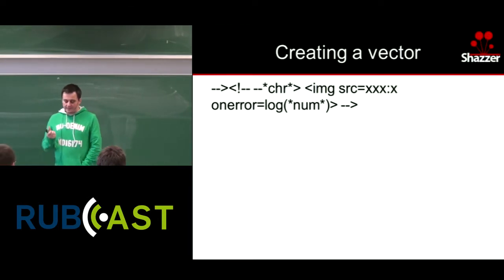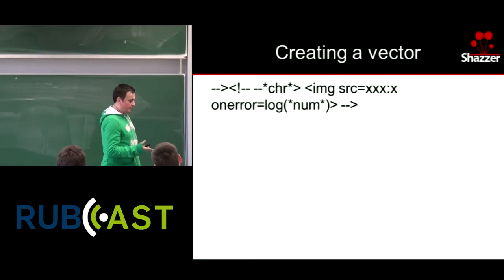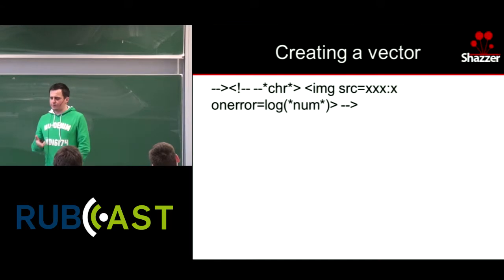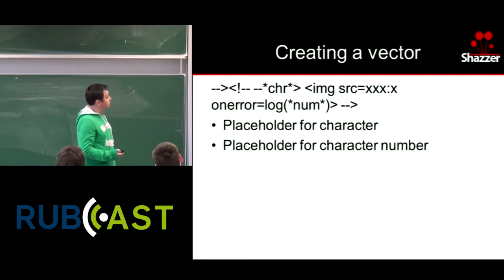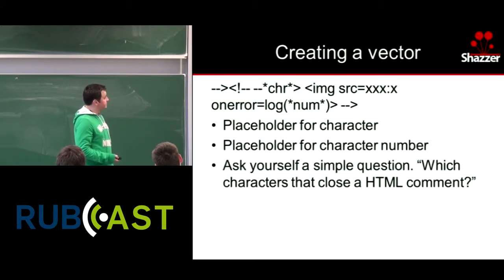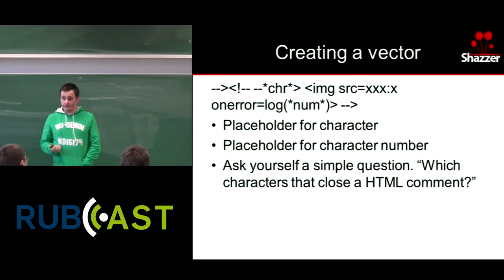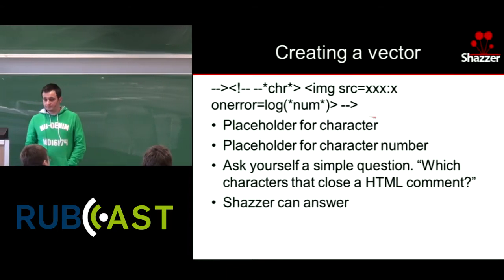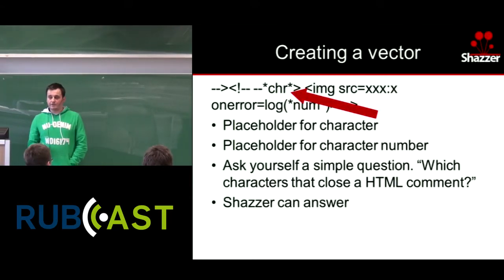So you're automating the browser part, the character generation part, and the 10,000 loops per interval. The placeholders generate the numbers. We can use a simple question, which you can answer in Shazzer: which characters close an HTML comment? The character placeholder is there, and the num placeholder is there.